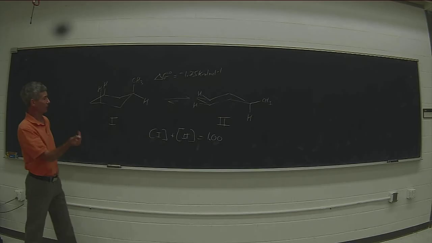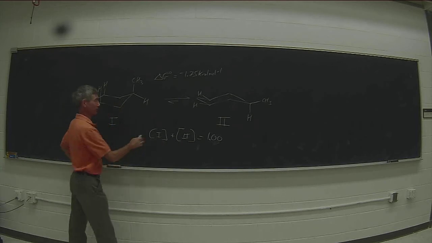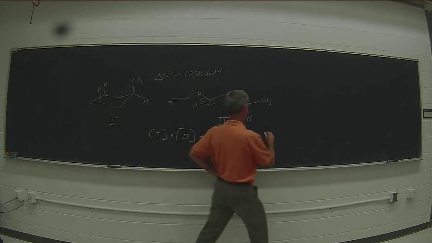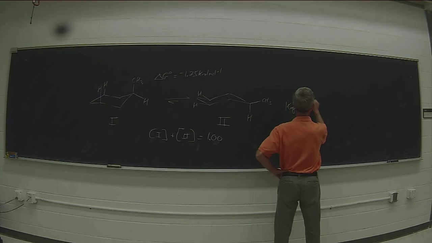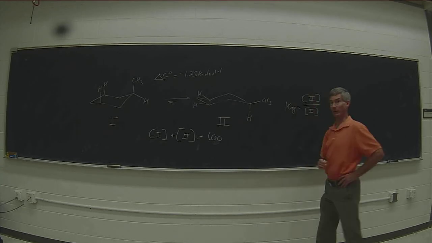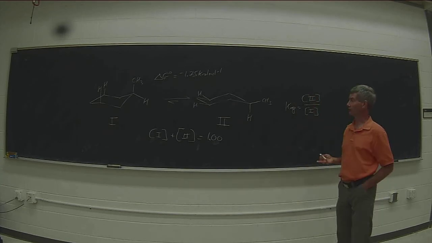So now all I need is the equilibrium constant, because the equilibrium constant for this reaction is defined as the concentration of chair 2, the equatorial methyl, divided by the concentration of chair 1, the axial methyl.